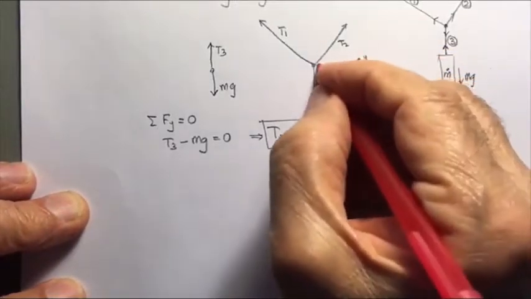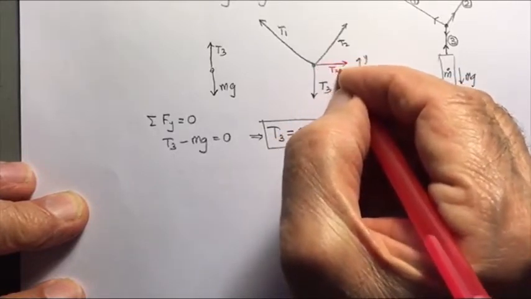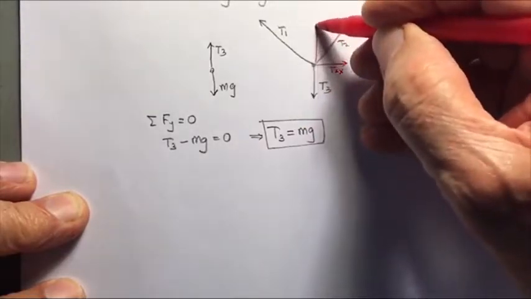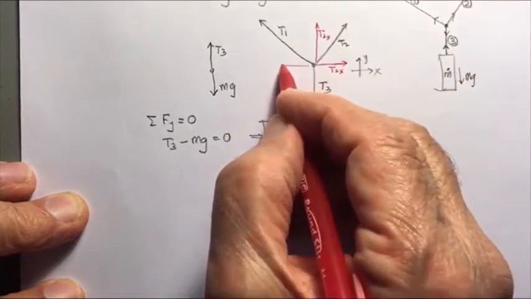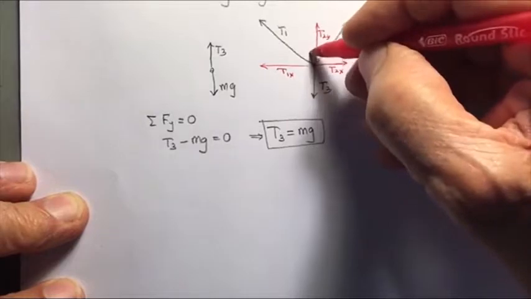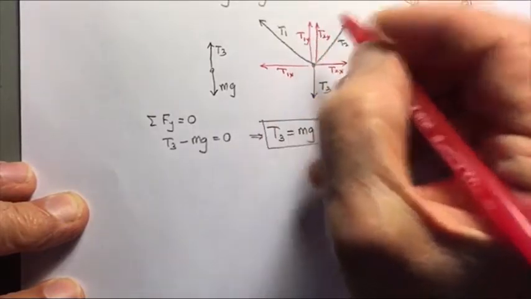So let's do it with this color. So the x component is T2x, and its y component is T2y, and the x component of T1 is T1x and T1y.